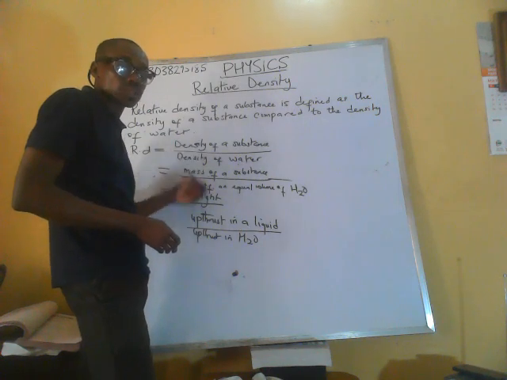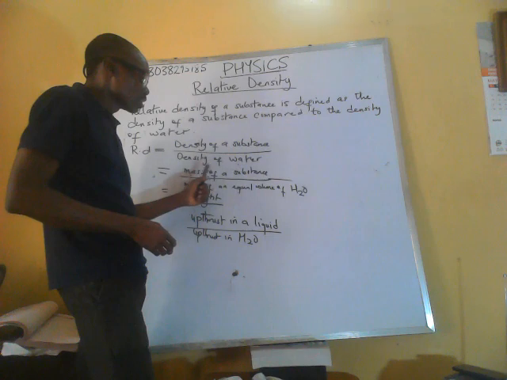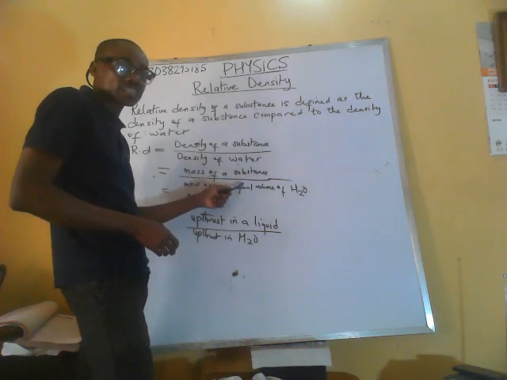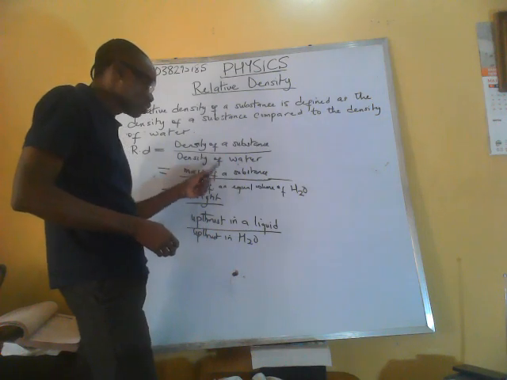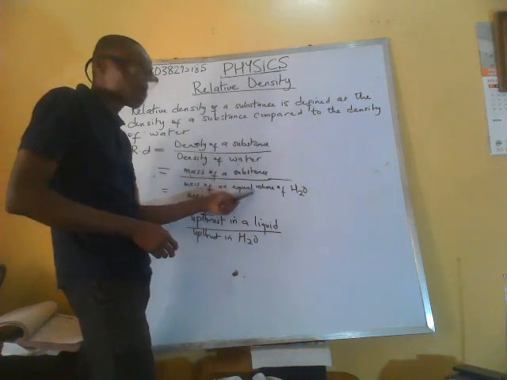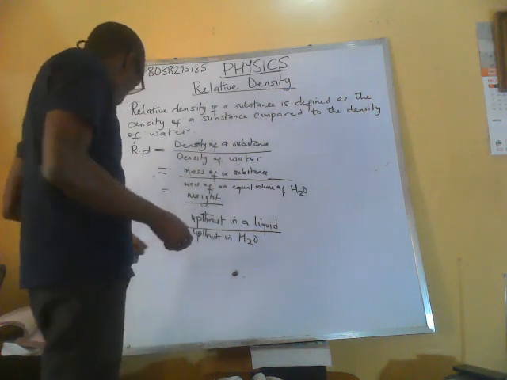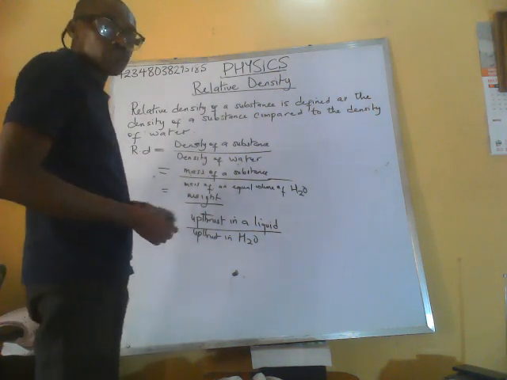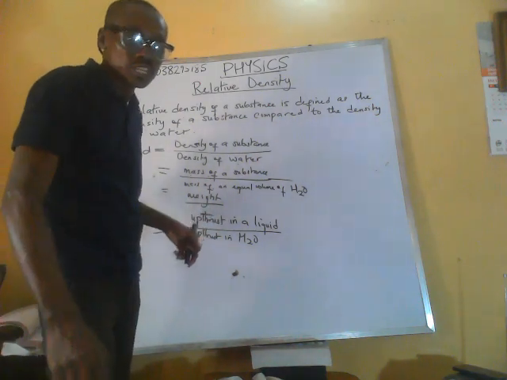These are various formulas. I have density of a substance over density of water, mass of a substance over mass of an equal volume of water, weight of a substance over weight of an equal volume of water, and the upthrust in liquid over upthrust in water. These are various formulas for measuring the relative density of a substance.